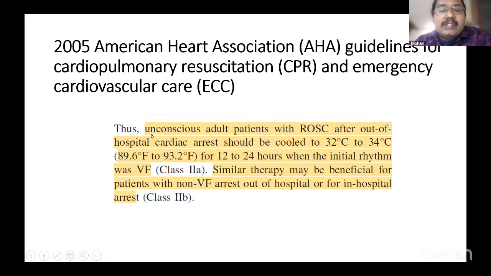They say that unconscious adults with ROSC after out-of-hospital cardiac arrest should be cooled to 32 to 34 degrees for 12 to 24 hours when the initial rhythm was VF. They also extended this guideline to non-VF arrest as well as in-hospital cardiac arrest. So we got our first guidelines on therapeutic hypothermia in 2005.